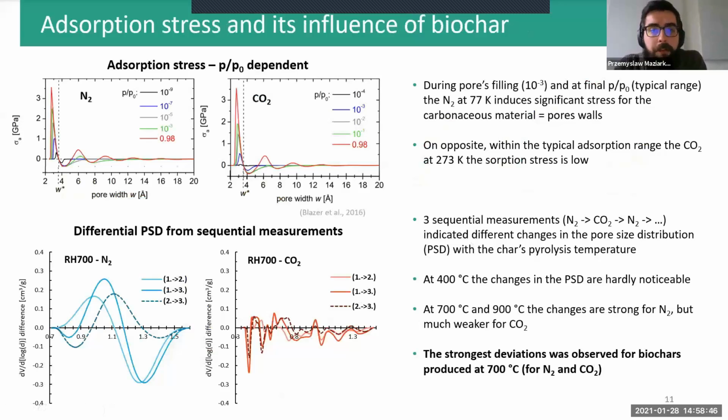In the literature, a very interesting study can be found by Blazer et al. from 2016, who simulated the adsorption stress caused by different gases. From his results, it can be observed that within the typical range of P/P0 at which nitrogen is used, the stress which the gas causes on the micropore walls is very strong.